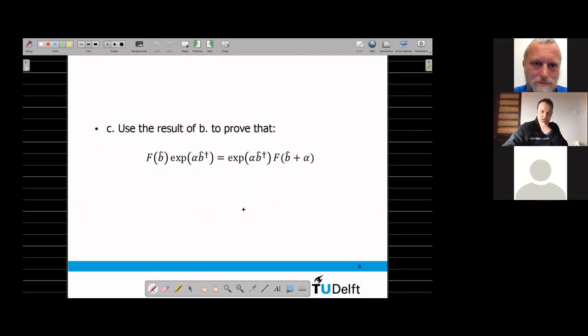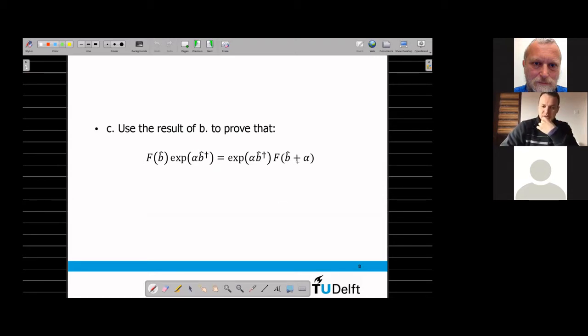Okay, now comes even more fun. We have the following equality for this function f. So f of B times the exponential of alpha B dagger, where alpha is a parameter, is equal to the exponential of alpha B dagger times f of B plus alpha.